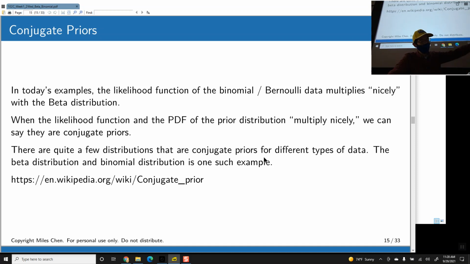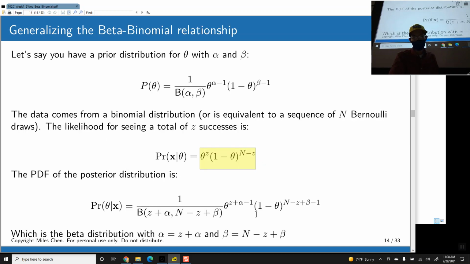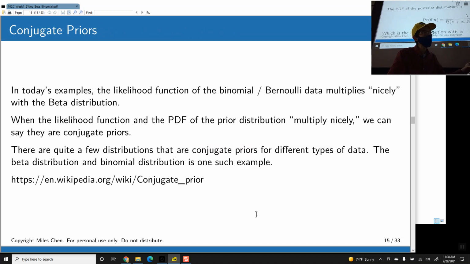Here the prior was a beta distribution. We took the likelihood from either a binomial or Bernoulli. When we combined them, the resulting posterior distribution, the thing we got after the fact, is also in the form of the beta distribution. So that's what we call a conjugate prior.